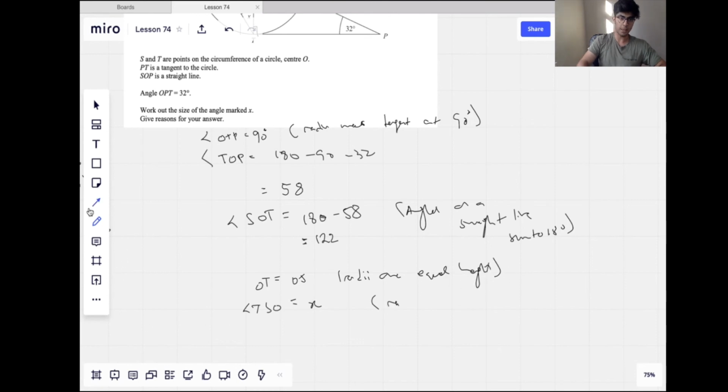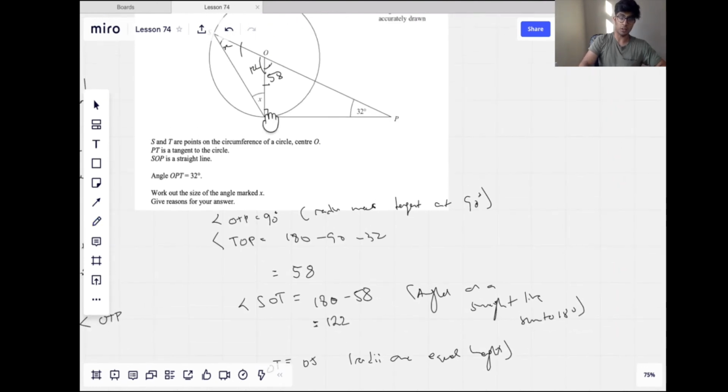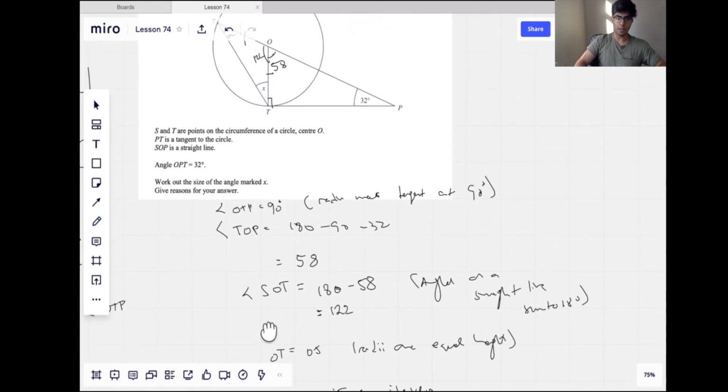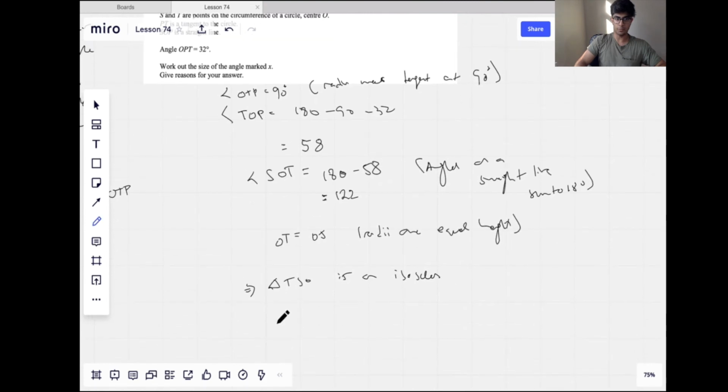And if you want to be really explicit, what you do after this line is say something like, because of this, the triangle TSO is an isosceles triangle. And then you have angle TSO is equal to x, base angles of an isosceles.